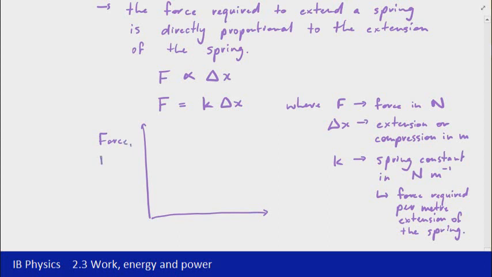So force F measured in newtons on the vertical axis, and extension being delta x on the horizontal axis in meters. So you can see there that it's a directly proportional relationship, and so that means it will have a line that passes through the origin with a constant gradient. So the gradient here will just be the spring constant k.